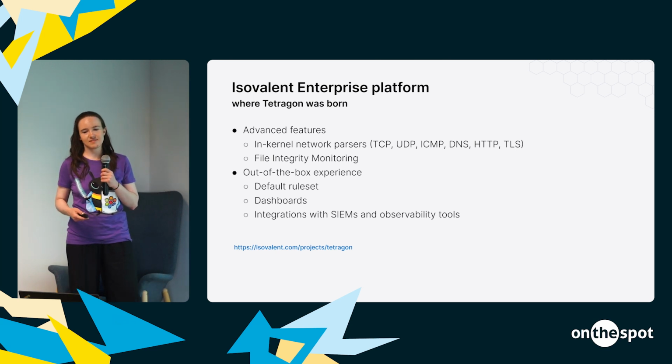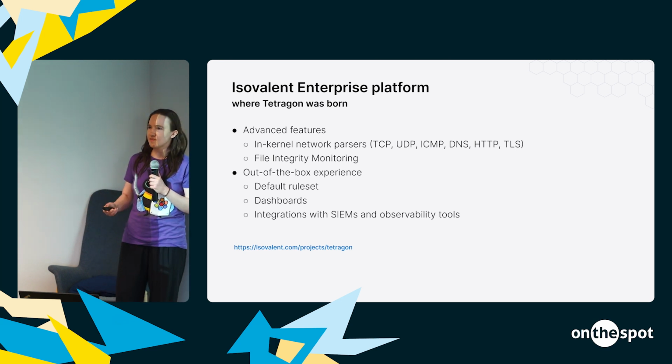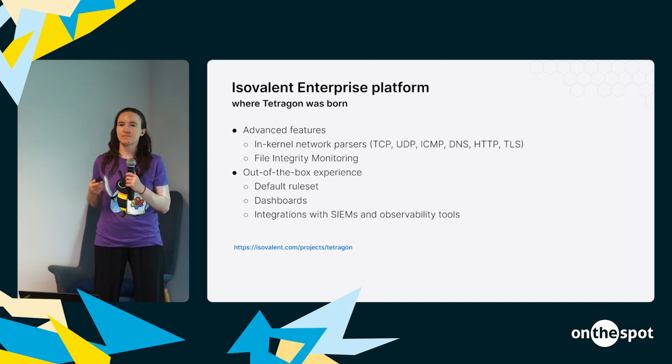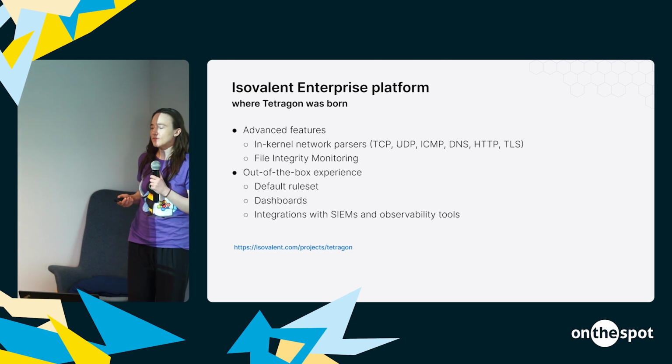Because Tetragon is so generic, you will see examples in the next slides. There are many things you can build with it. You can use it for observability and security, just as a tool you install. But we see more and more people building projects on top of Tetragon, and we essentially do it too at Isovalent.